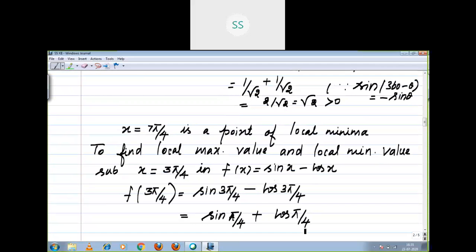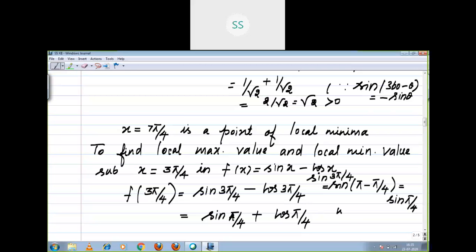How I arrived at this, did you understand, children? You want me to explain again? If you want, I will do. I have no issue in that, right? See, sin pi minus pi by 4 equal to sin pi by 4. If you want, you write like this: sin 3 pi by 4 equal to sin pi by 4.